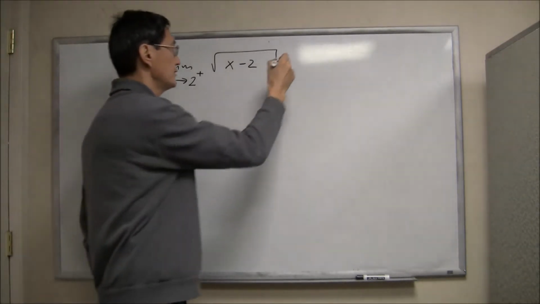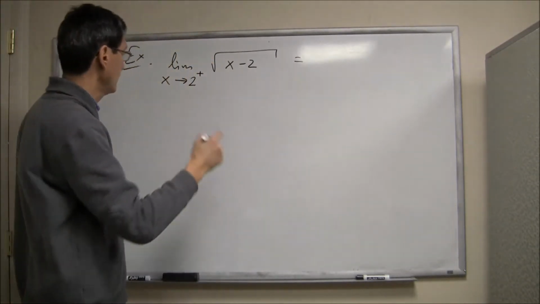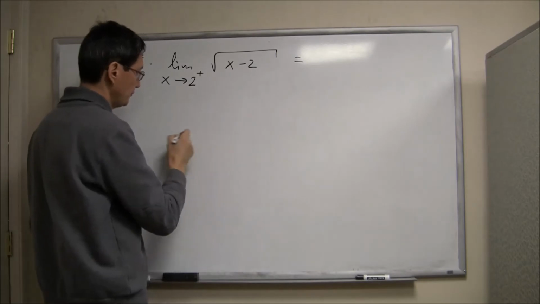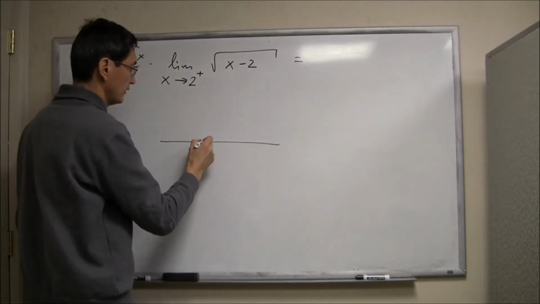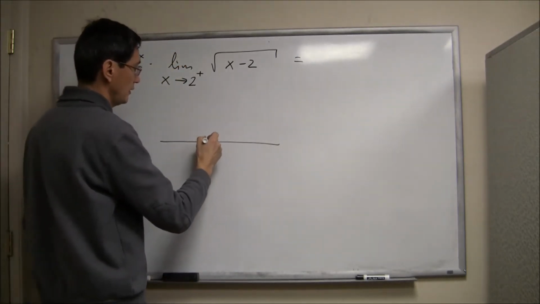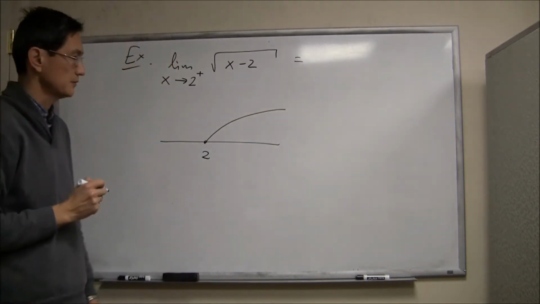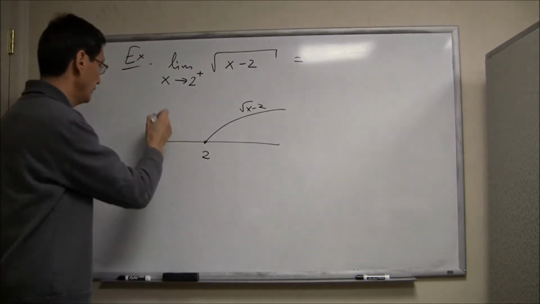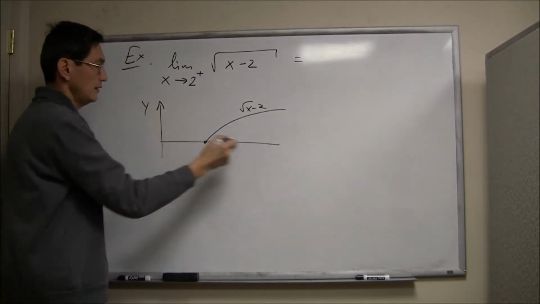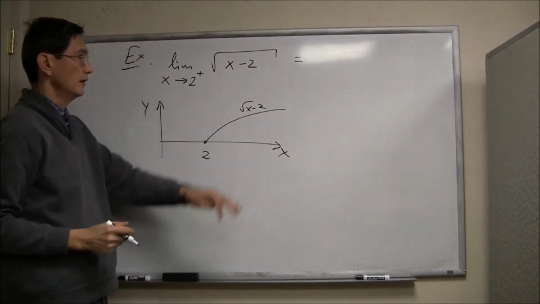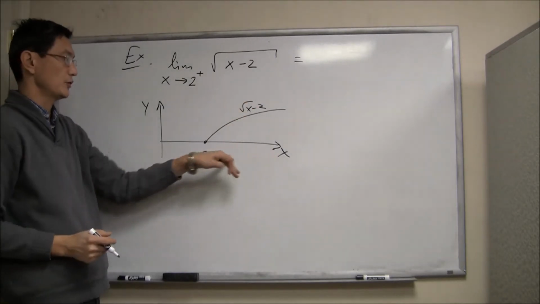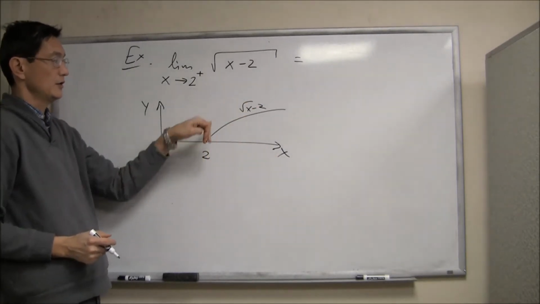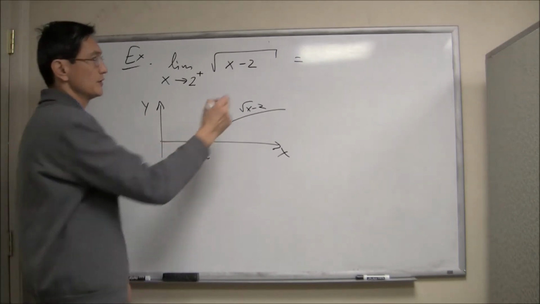If you look at this limit, the graph of square root of x minus 2 looks something like this, with x equals 2. From the graph, you can obviously see that when x approaches 2 from the right, the value of the function is approaching 0.